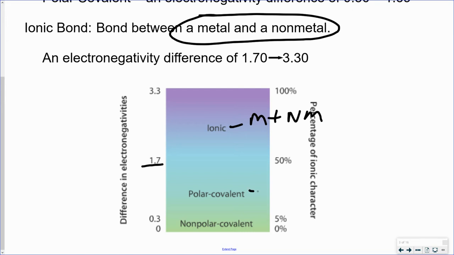That also being said, with polar covalent, which is a non-metal plus another non-metal, you can have that which actually goes above the 1.7 electronegativity difference, but it's still polar covalent. So I want you to understand that as long as it's two nonmetals, as soon as it becomes greater than 0.3, it's polar covalent. And as long as it's a metal plus a nonmetal, it is ionic.